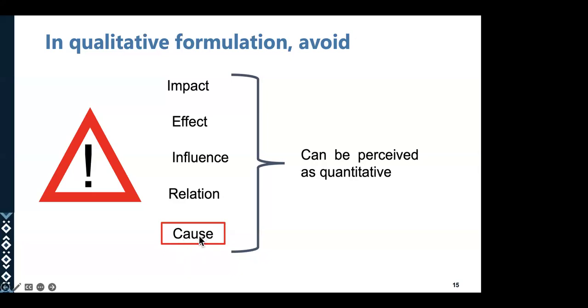And in general, before you use the term cause, please ensure you really need to use it. Because most of the time, for students conducting a cross-sectional study, it's actually about associations. It's not really a causal relationship.